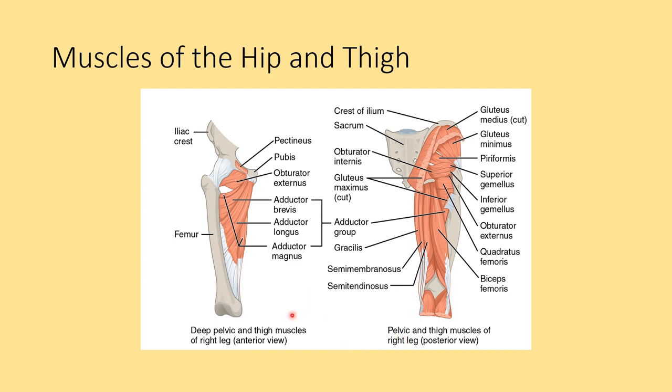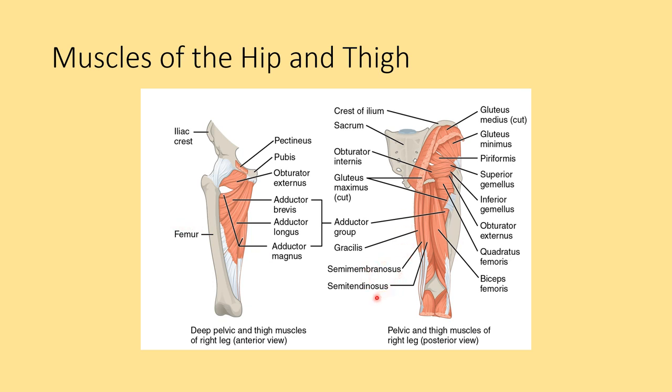Now, if we start to look at the deeper muscles, you can see the adductor magnus, adductor longus, adductor brevis. So obviously these three are all adductors. Here's the gracilis on the outermost side.